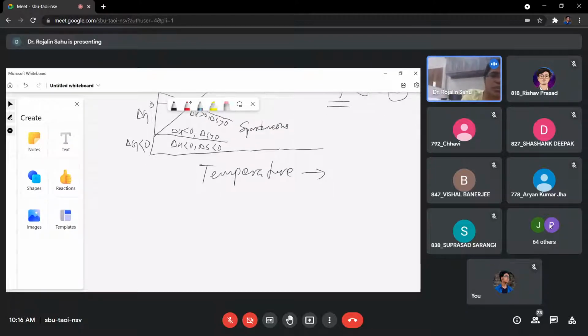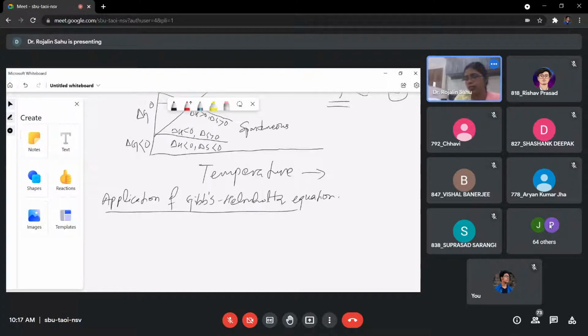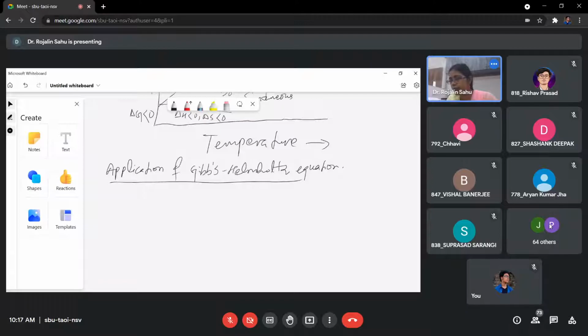Okay, so next we'll discuss applications of the Gibbs-Helmholtz equation. You know that if del G is less than 0, then the reaction is spontaneous.